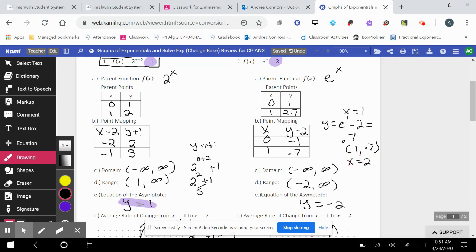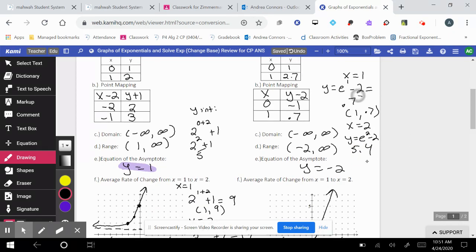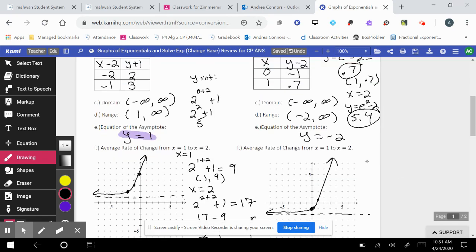So it'll be e squared minus 2, which would be 5.4. And then again, I just use my slope formula. I'm going to do 5.4 minus 0.7 all over 2 minus 1. 5.4 minus 0.7 would be 4.7 for your average rate of change.